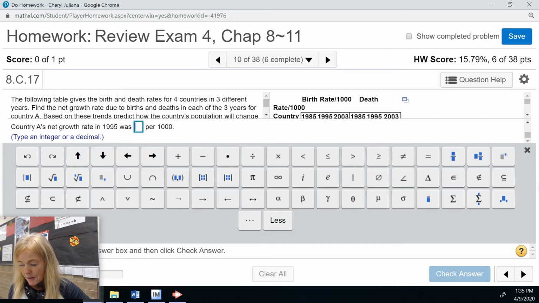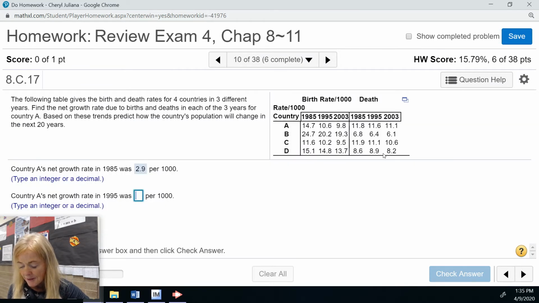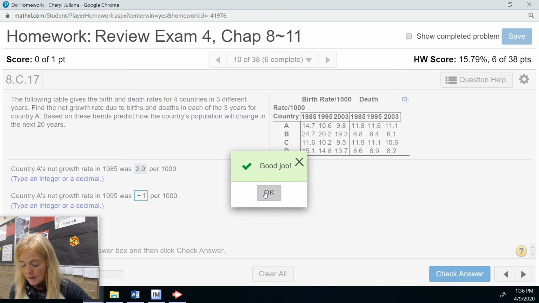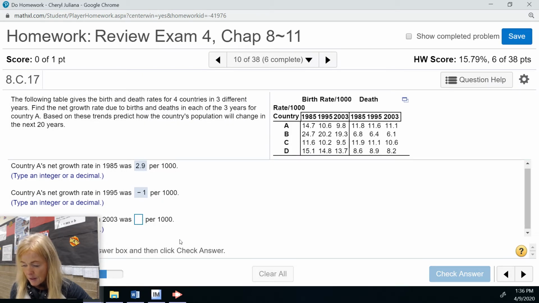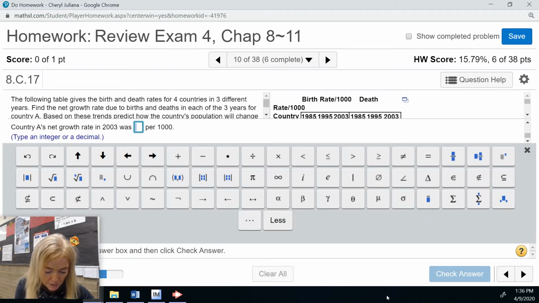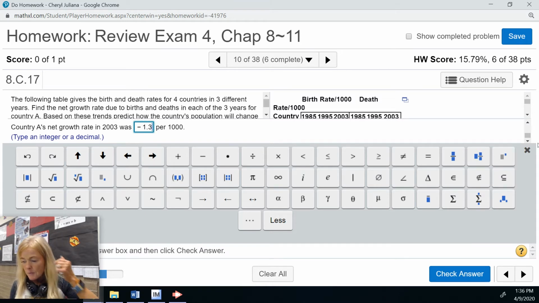I'm not checking these, but I hope I don't embarrass myself again. So -1 when I subtracted, and then the last one was -1.3 per 1,000.